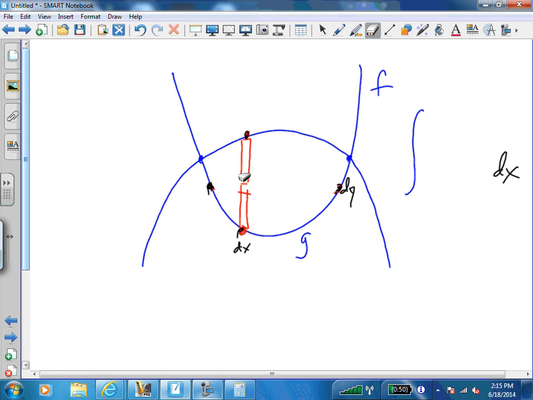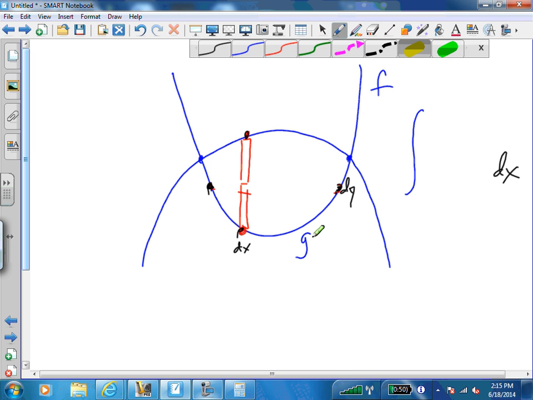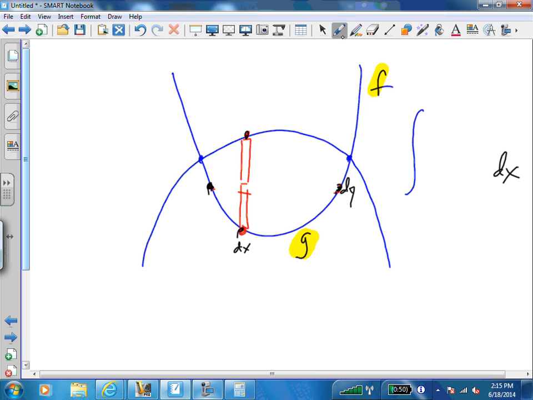So since we integrate dx, if we call that one g and that one f, which one do we need to write first, G or F? You know what? I labeled the same curve both times.